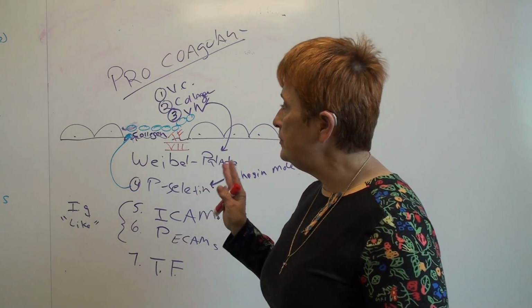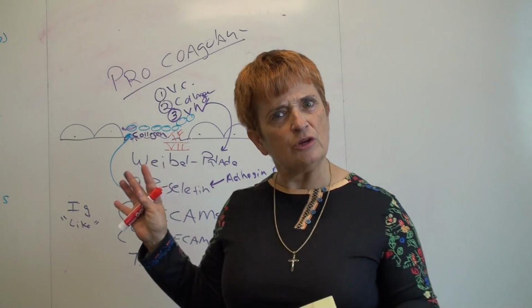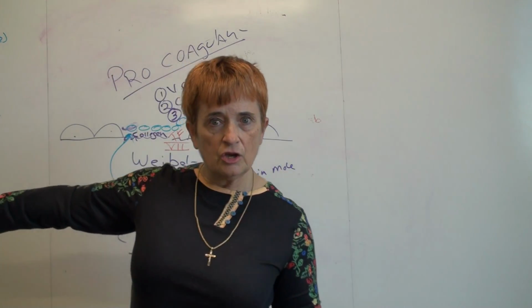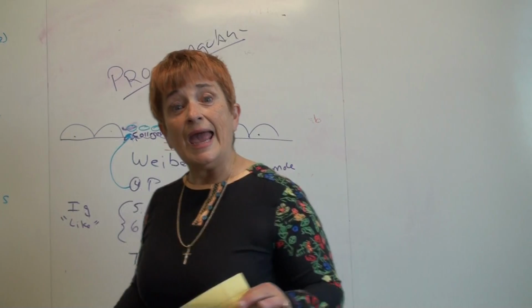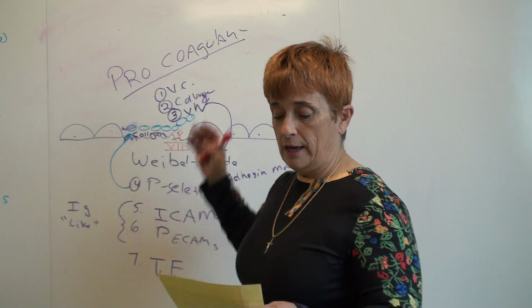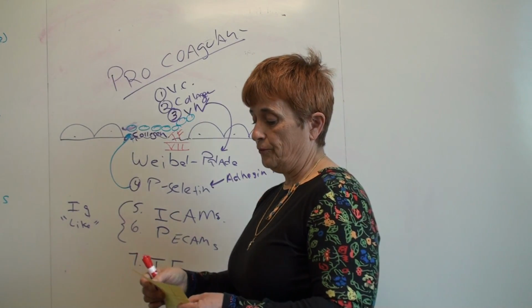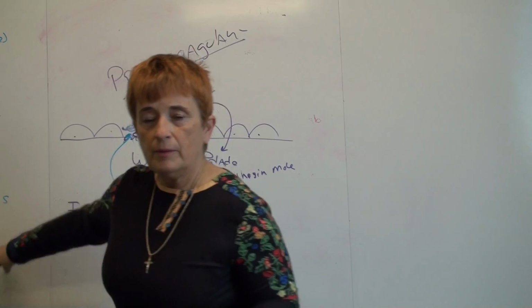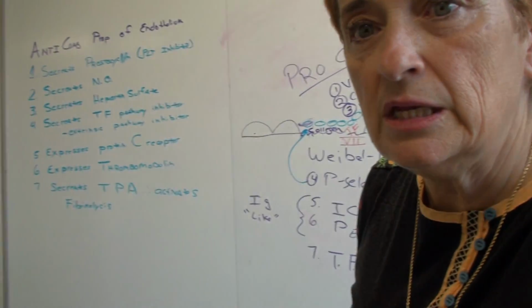Now, all right, so we talked about the endothelium. See how important the endothelium is. The endothelium has anticoagulant properties, and when it's damaged, has procoagulant properties. Now, over here, let me turn the camera a little bit.